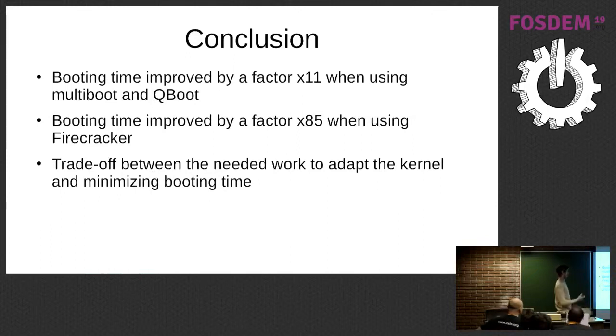Then we have a factor of 85 when we try with Firecracker. And my impression is that the choice of one solution over another is just a trade-off between the work we have to do to adapt the kernel to that solution and the resulting boot time that we want to expect.